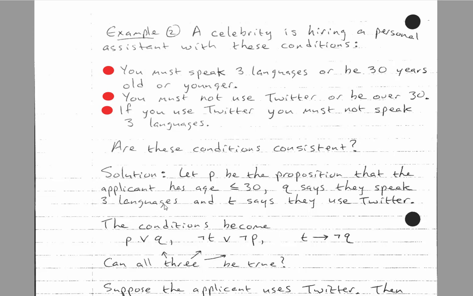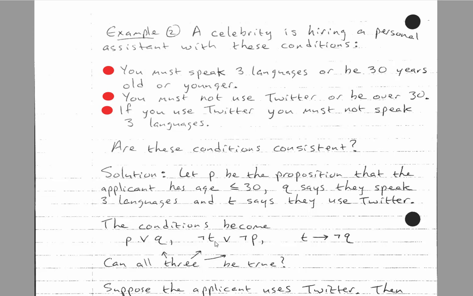Q says they speak 3 languages or more, and T says they use Twitter. So the first condition is P or Q. So their age is less than or equal to 30, or they speak 3 languages. That's the first one.